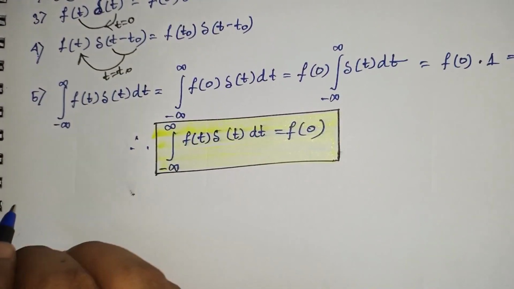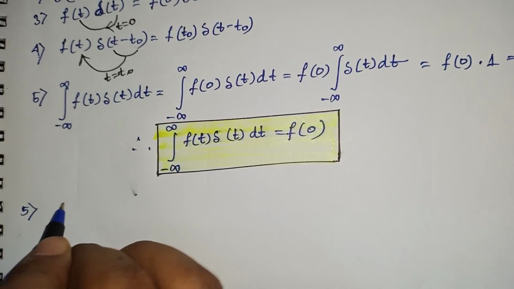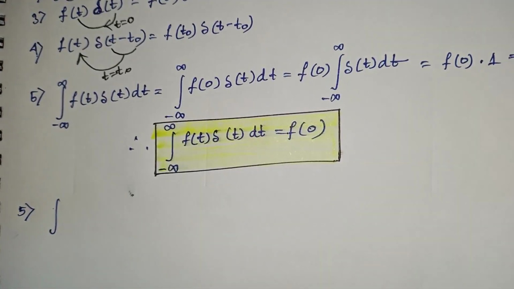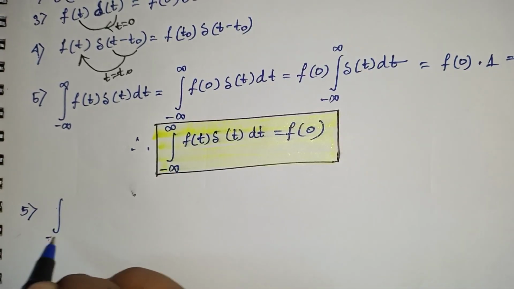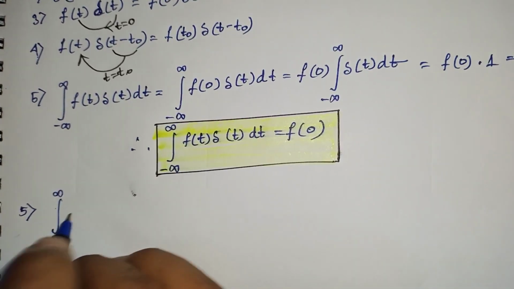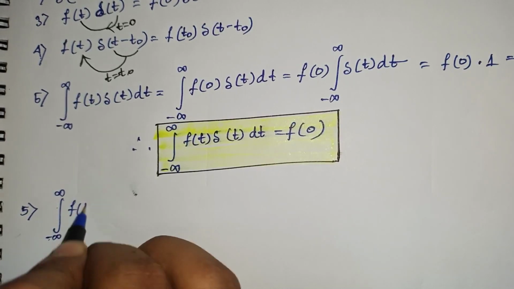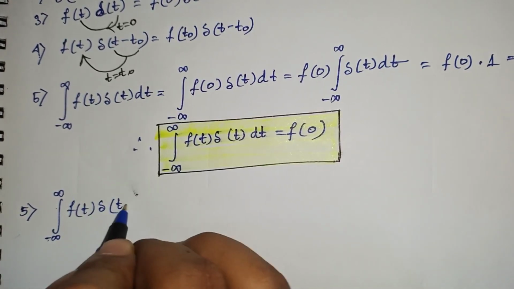Next, can you guess what the next property will be? It is f t del t minus t naught.